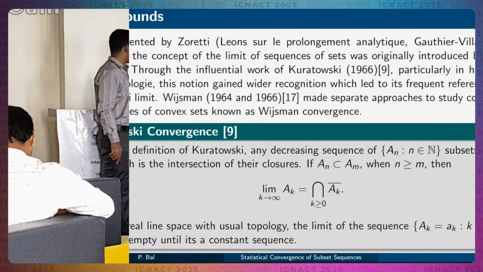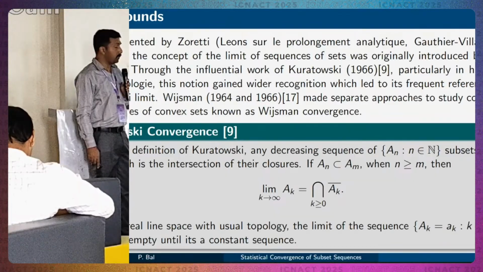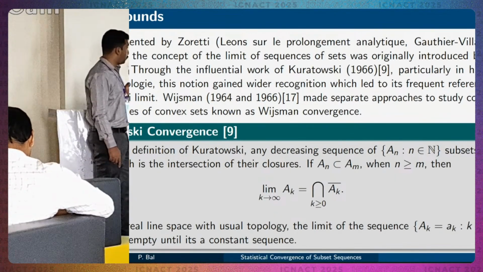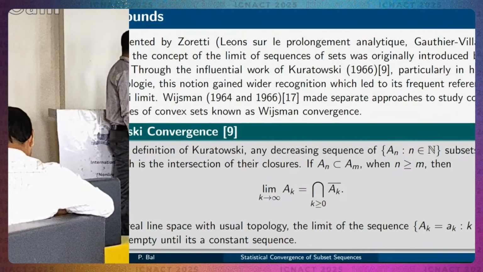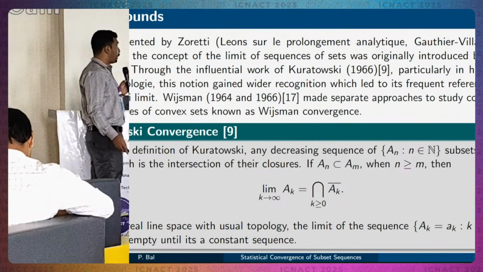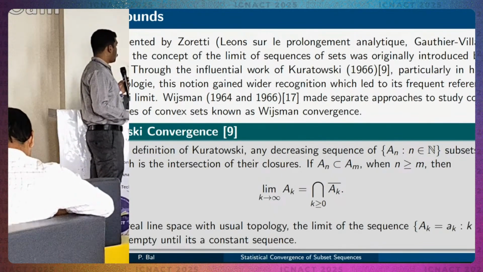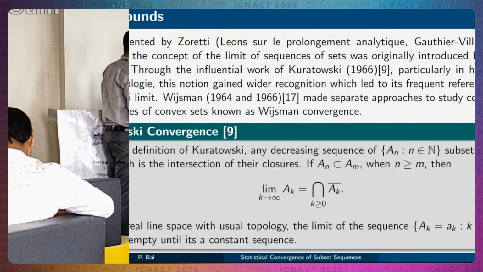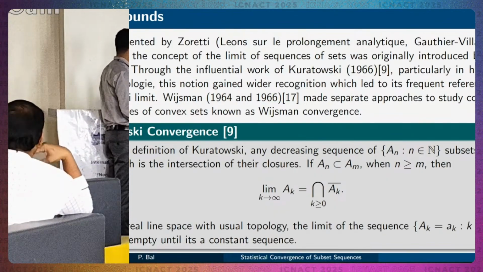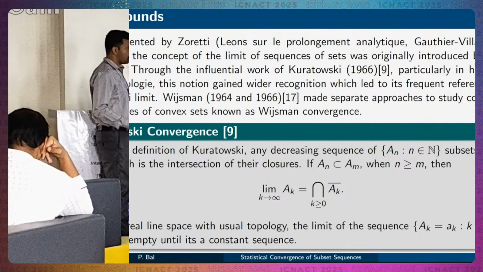Later on, Wijsman also made a separate approach to the study of convergence of sequences of sets, which is now known as Wijsman convergence. So, as per Kuratowski, any decreasing sequence, this is to be noted, the decreasing sequence of subsets has as its limit the intersection of all the supersets. But this is only defined for the decreasing sequence.